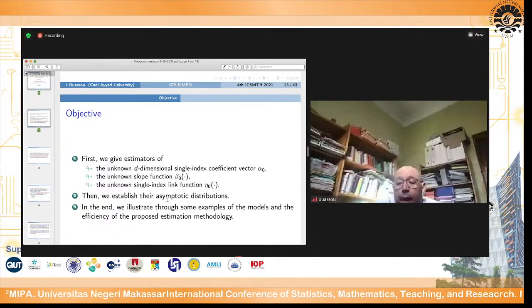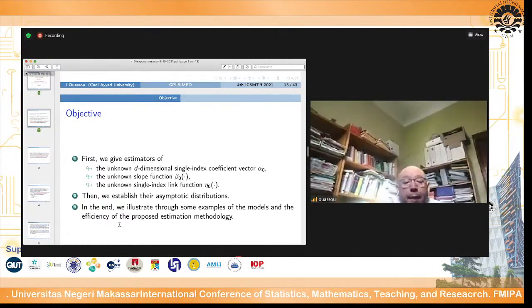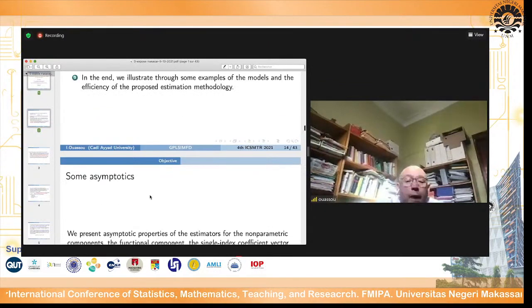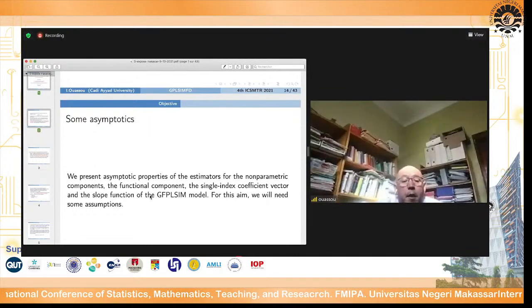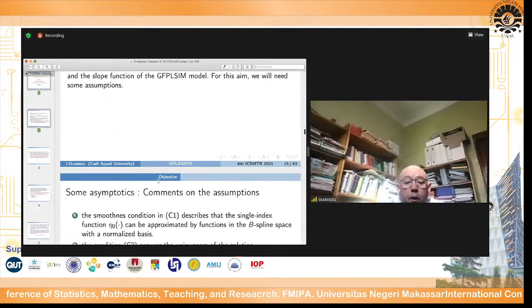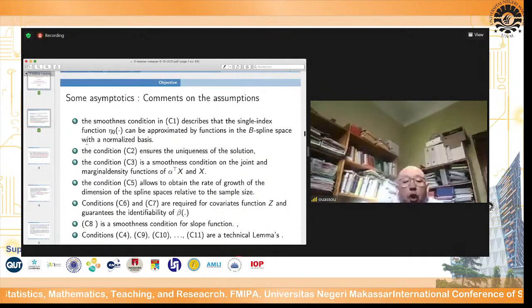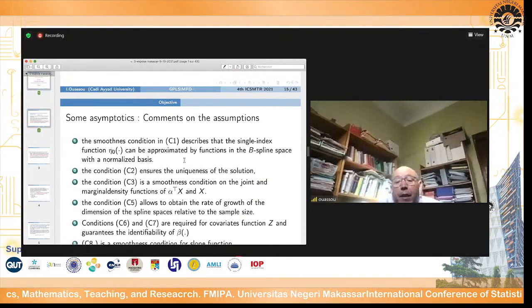Now, for the assumptions, we present asymptotics. To give the estimator and asymptotic distribution, we need some assumptions to get the asymptotic result. For the first condition, we need that the second index function eta 0 can be approximated by a function in the B-spline space with normalized basis.